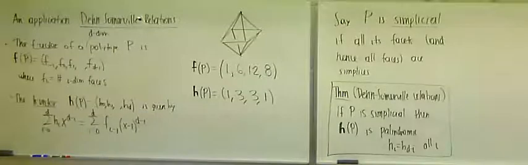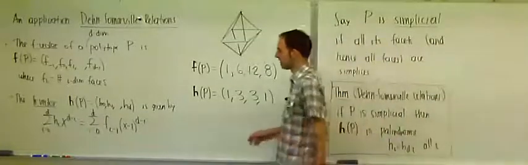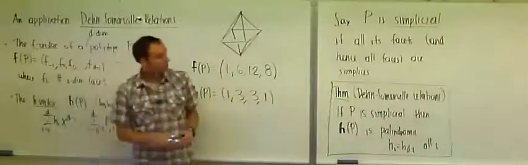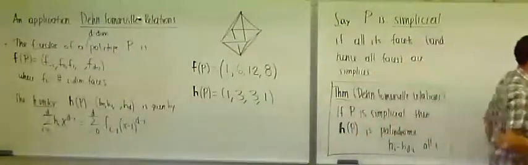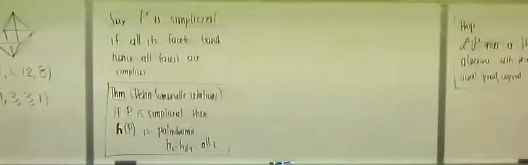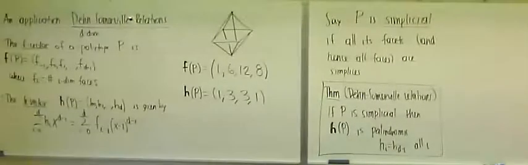What number should I put here? I should put a 5 so that 1 plus 5 is equal to 6. Here I should have a 5, so that 1 plus 5 is 6. What should go here? 4. What should go here? 3.